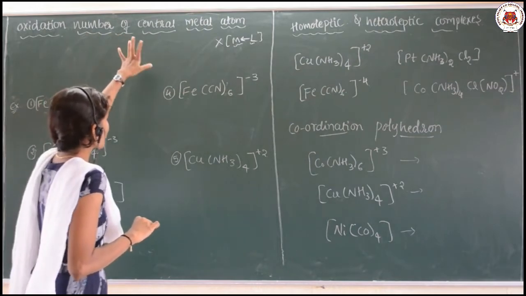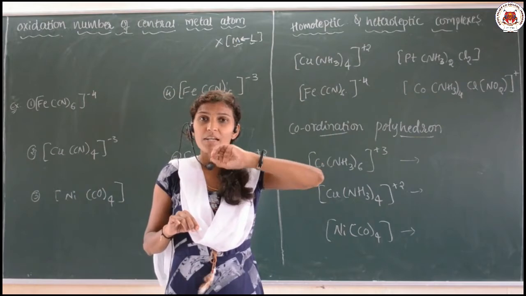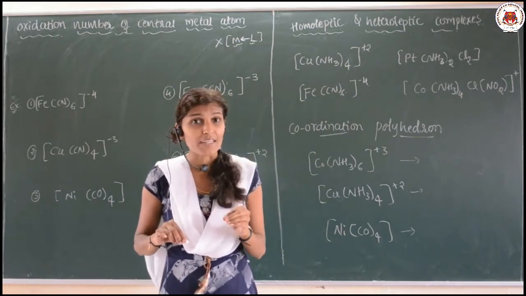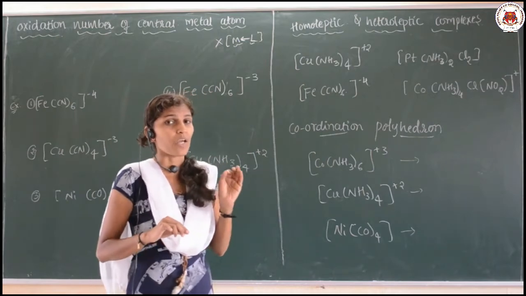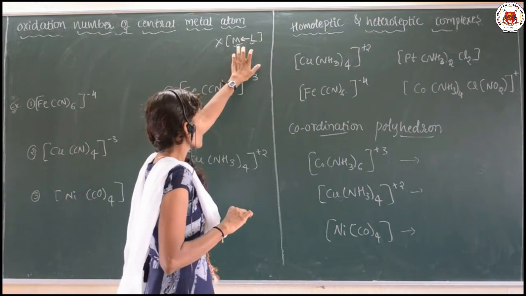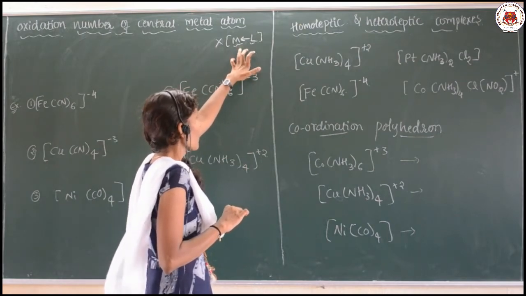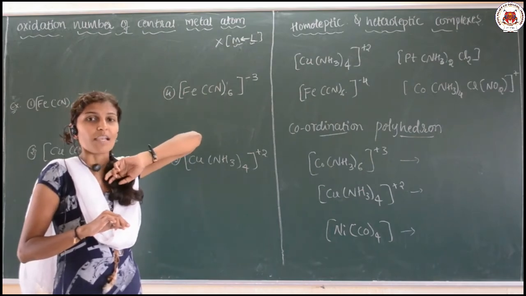Oxidation number of the central metal atom is the charge that the central metal atom would carry if the ligand attached to it is removed with all its shared pair of electrons.